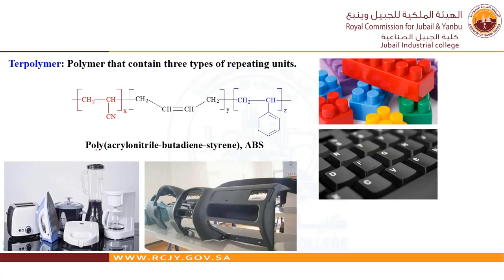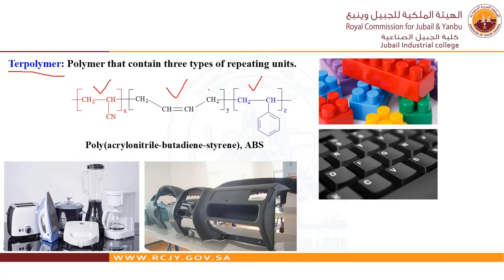And the subclassification is the star polymer. This is an example of another copolymer, but specifically when we say star polymer, we mean polymers that are made from three different monomers. For example, this is acrylonitrile, this is butadiene, and this is styrene.